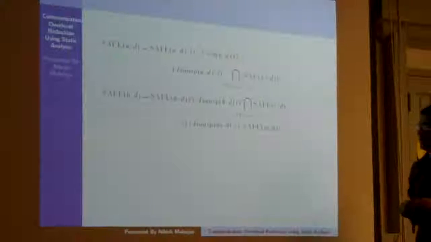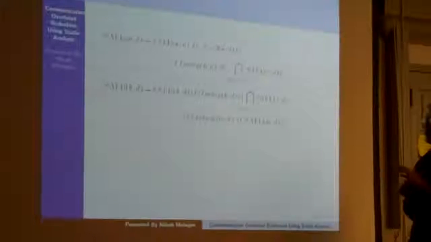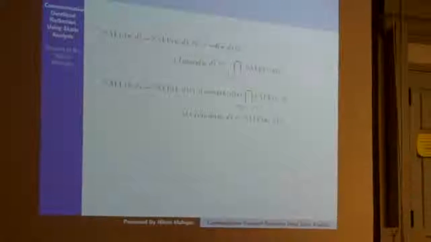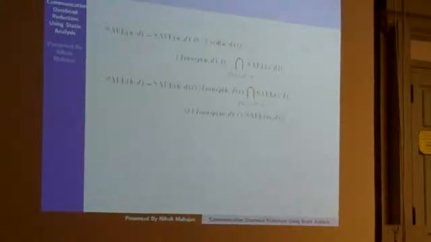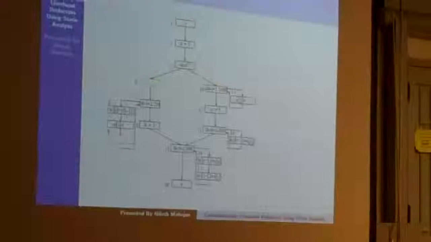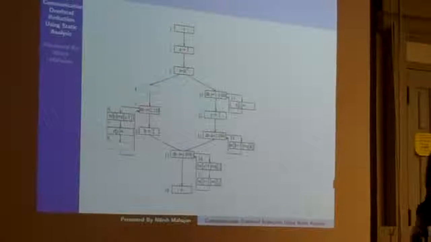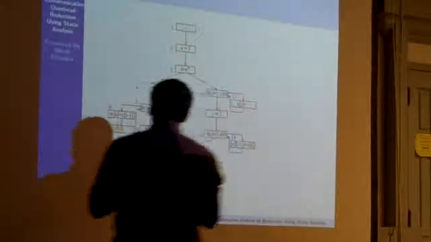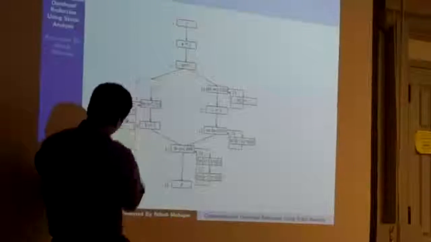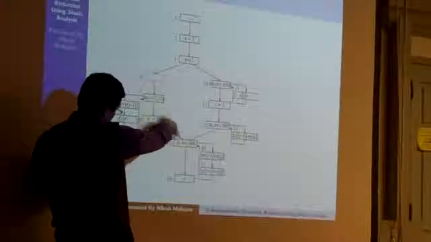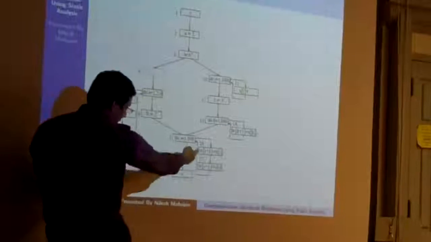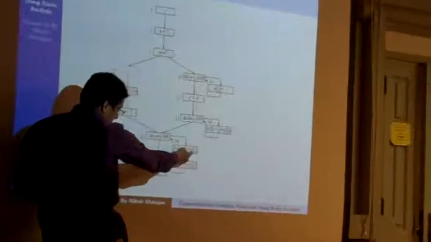Okay. Now the header nodes, we have to be a little tricky about header nodes, because you can see that you have this loop over here and this forward branch over there. So if I wanted, xi needs to be sent.